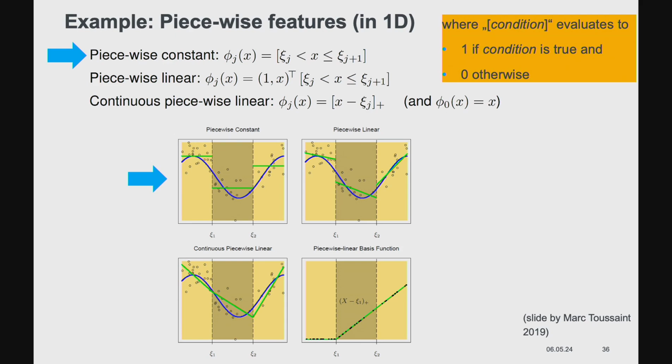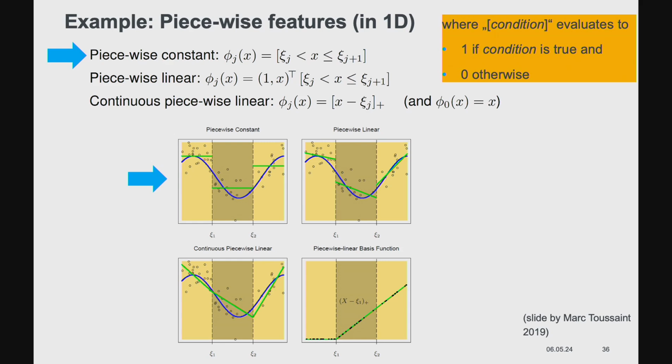If this beta is here, but my x is here, then this condition says this is 0. I don't have to care about this. When I'm here, I learn a corresponding feature function, and this feature function is only 1 in this part of my x-axis, and I predict a 1 if I'm in this part, and then I learn a beta that describes this height.